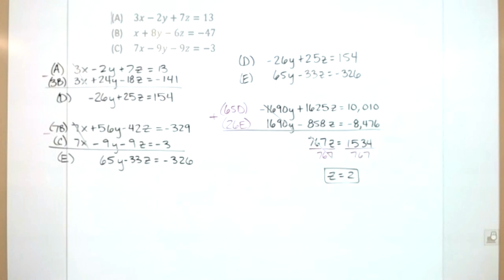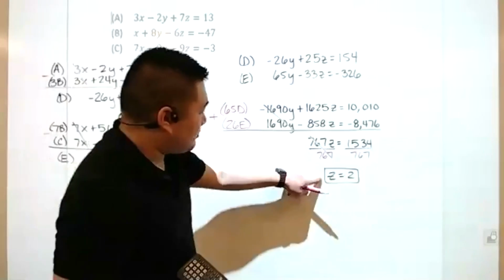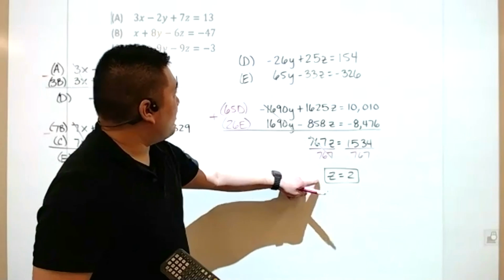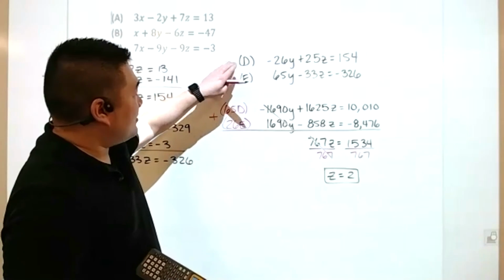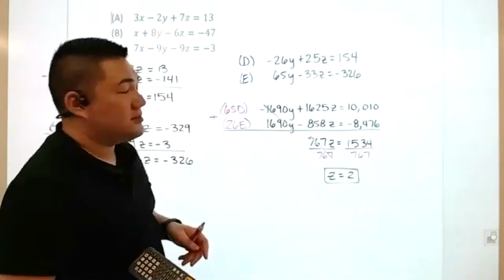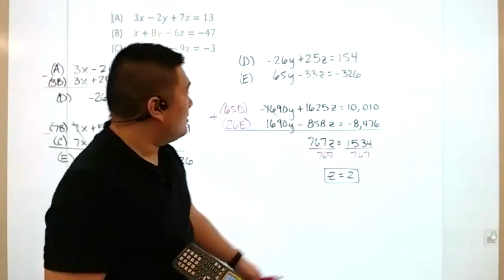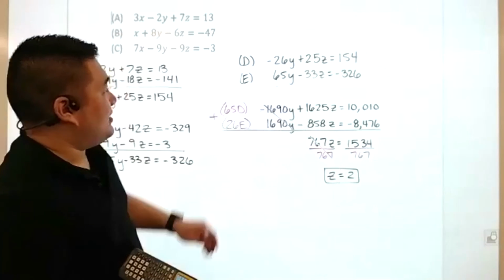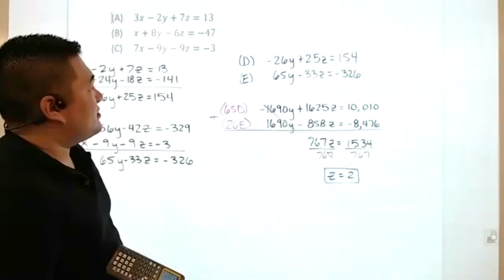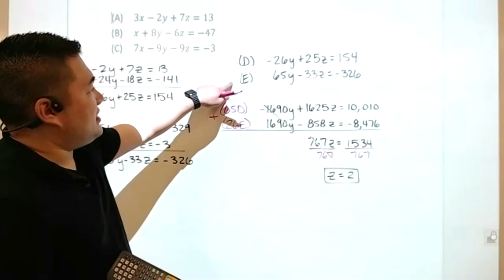Phase 3 is now we just start and we go back a step each time and plug stuff in. So if I know that z equals 2, then I can go back a step to equations D and E, so I'm going to plug this into either equation D or equation E to find out what y is. So I'm going to pick equation E.